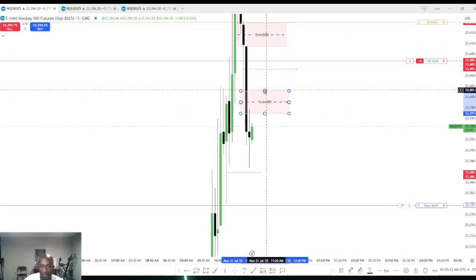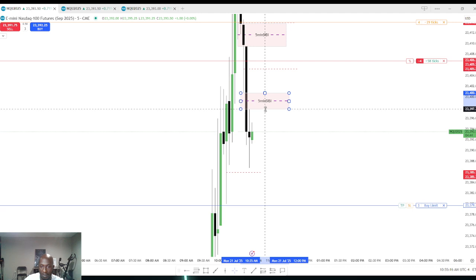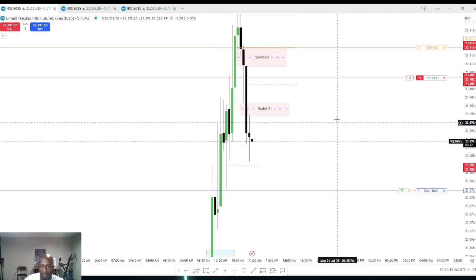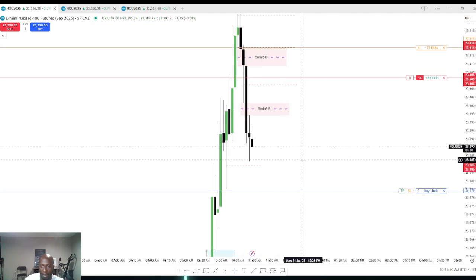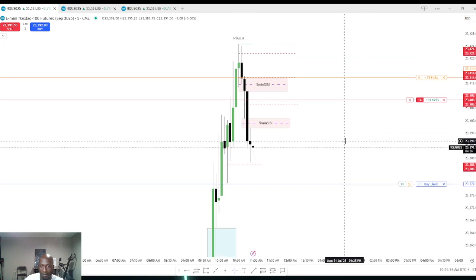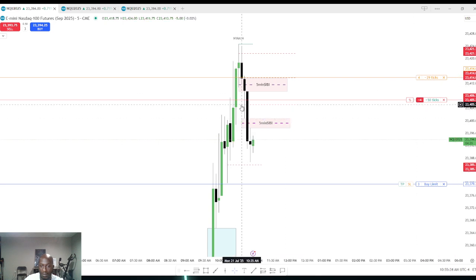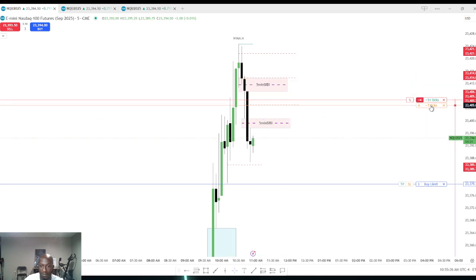And again, I don't want to see anything close above it. I like that. And ideally, we don't want to see anything come up into there, so we're going to put our stop loss there.